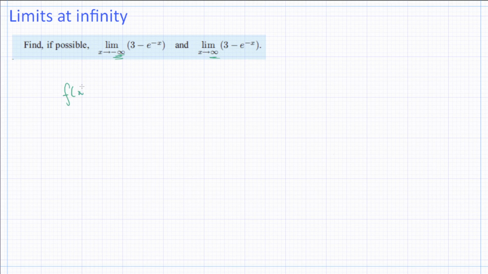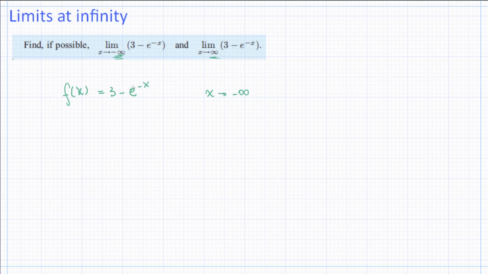First, let's take a look at our function. So we have 3 minus e to the power of negative x, right? So if we increase x, if x is going, let's say, towards negative infinity, let's observe what would happen here. So this is constant. Now this part, it's minus e to the power of negative infinity.